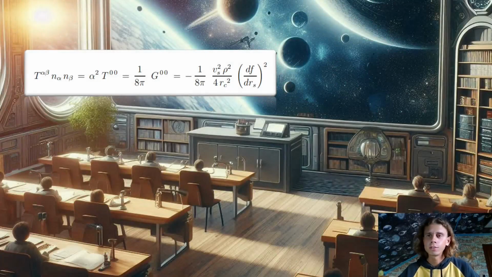But thanks to Miguel Alcubierre, who has done all of these computations for us, we can just look at his results. And here is the 0,0 component of our stress energy tensor, which is responsible for energy density, mass energy density.